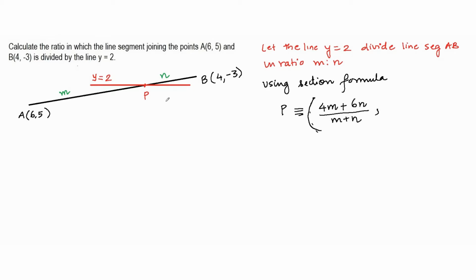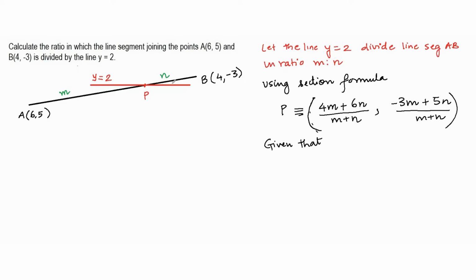And the y coordinate would be m multiplied with the y coordinate of B, that's minus 3m, plus n multiplied with the y coordinate of A, plus 5n, divided by m plus n.